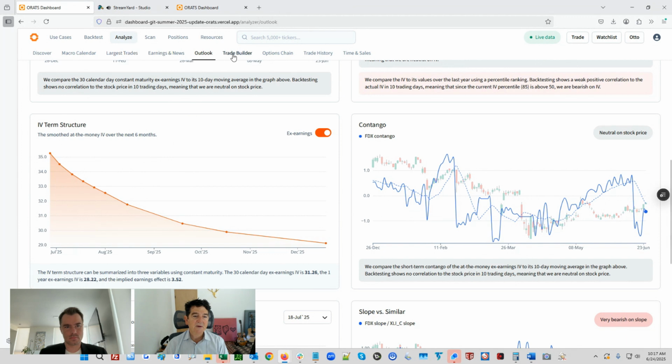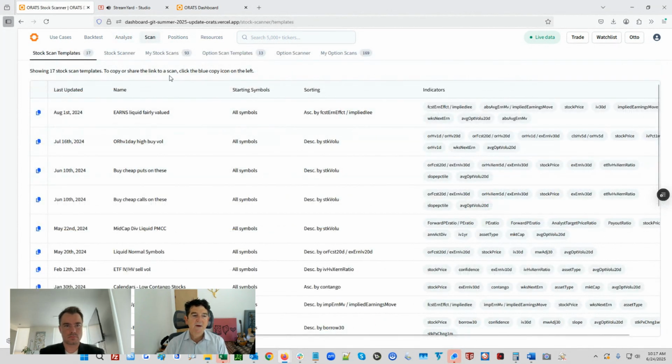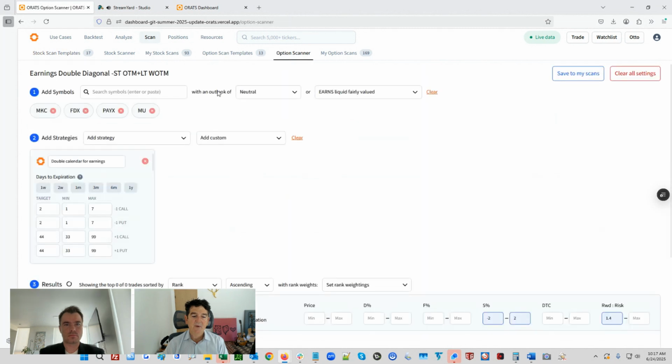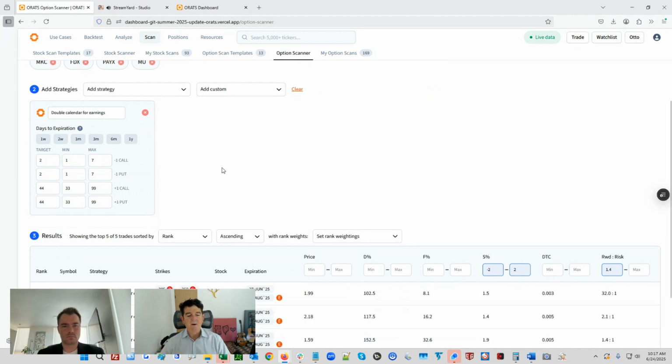That's kind of the lesson here, and that's what we're seeing in FedEx. So back to the scanner, the forecast deals with that. The forecast tries to figure out all that information and then put it out there for finding the best double calendars, for example, right now.